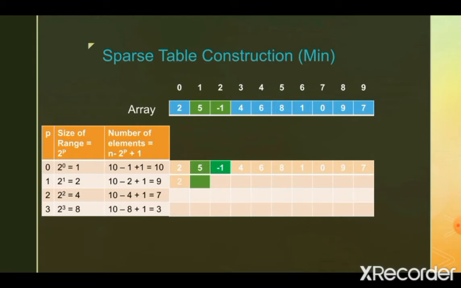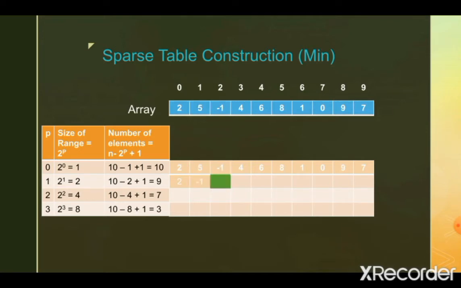Again, this range from 1 to 2 can be divided into two equal ranges of length 1. The first range is from 1 to 1, the second range is from 2 to 2, and their values we have already computed and stored in the first row of our sparse table, as highlighted in the figure. The minimum value for range 1 to 1 is 5 and the minimum value for range 2 to 2 is -1. So the minimum value of the entire range from 1 to 2 becomes the minimum of 5 and -1, which is equal to -1.